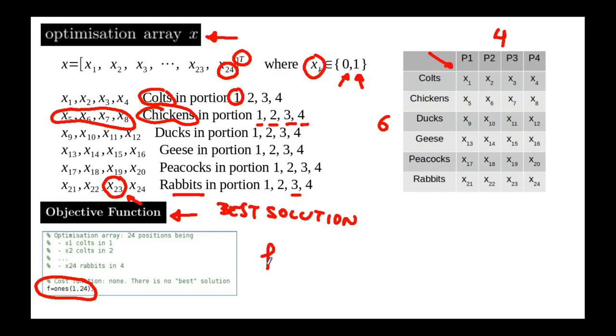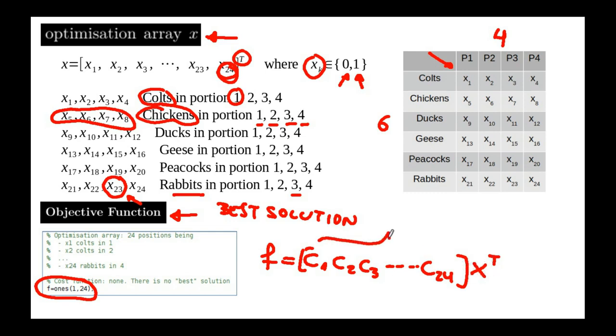Remember that the cost function is a linear combination C1, C2, C3 until C24, because we have 24 elements in the optimization array, that multiplies every element in the optimization array.